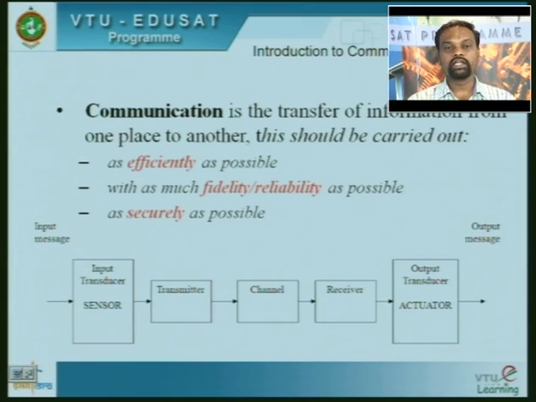We will understand that in detail, but the processing done by the transmitter is to ensure that the signal that is going to be launched onto the channel is compatible with the channel. So to ensure that compatibility of the signal that will be traveling on the channel, you may have to do some processing, and that processing is actually done by the transmitter.